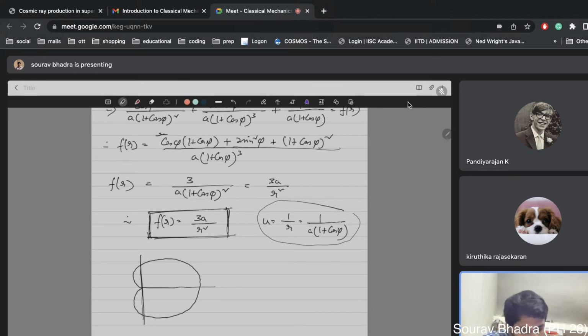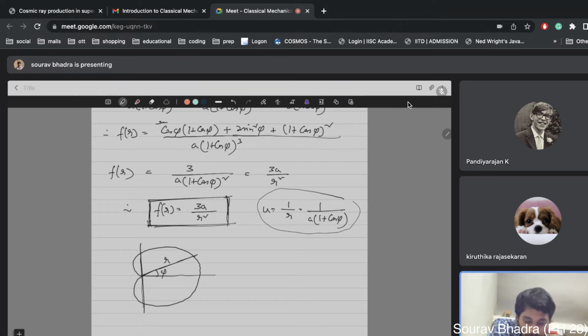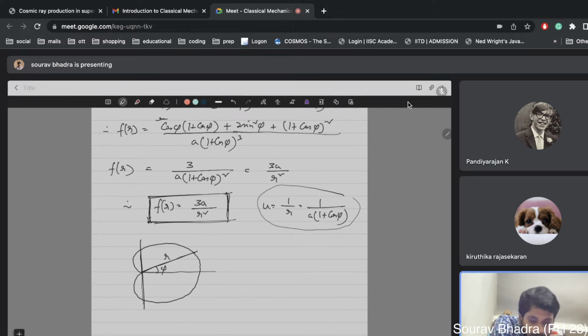Where this is the center and the force is acting along this r. This is the phi. Okay, so this is actually the form of the orbit which the particle is following, and it is in polar coordinates. So it is a way of evaluating the force on the particle.